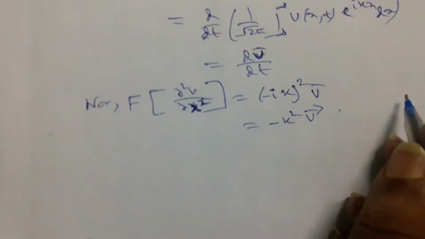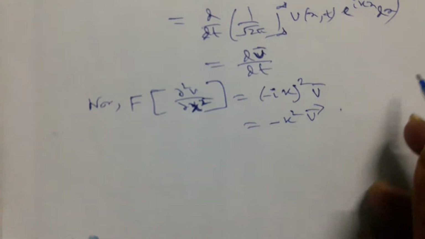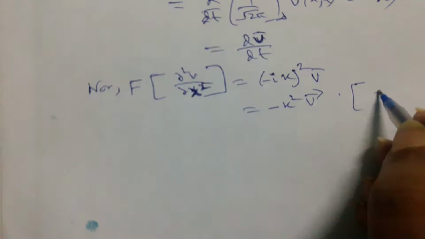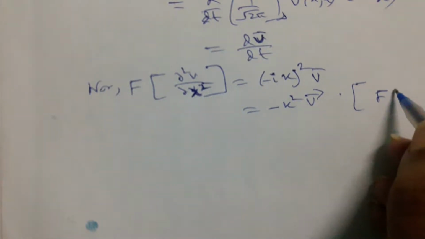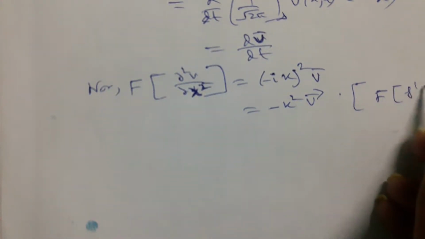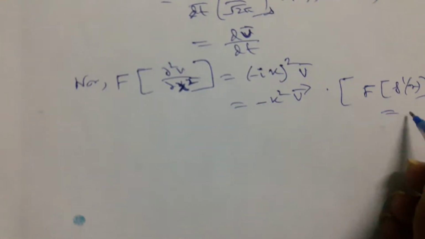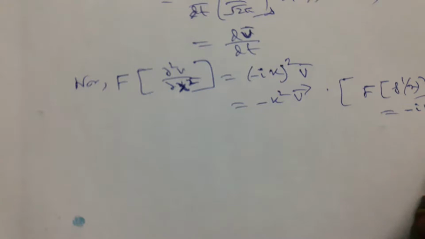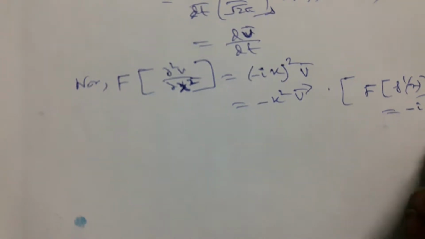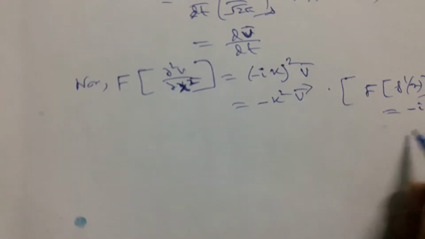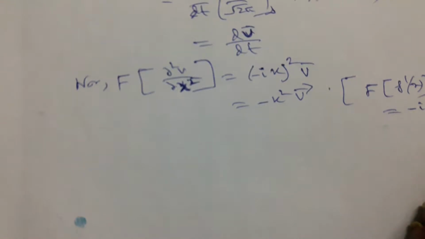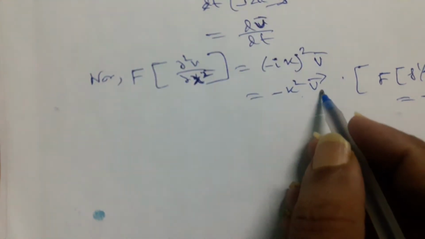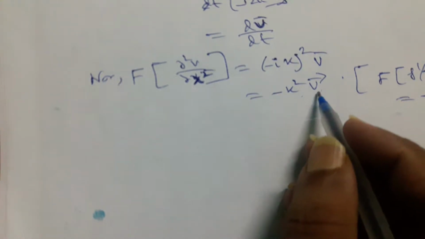It is by definition, that is F of f'(x) will be minus ik times f bar(k), if f bar(k) is the Fourier transform, or F of f(x). We can write it in this way.